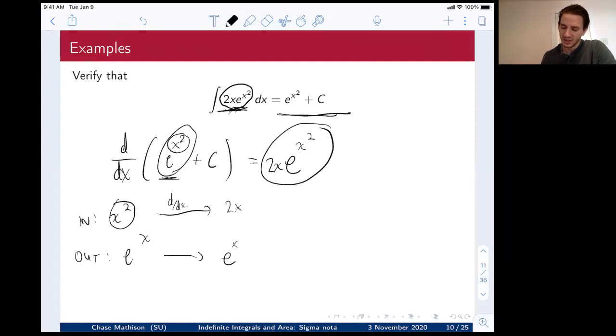So e to the x squared plus c is the general antiderivative of 2x e to the x squared. So that's all the types of problems you'll see on the homework involving antiderivatives.